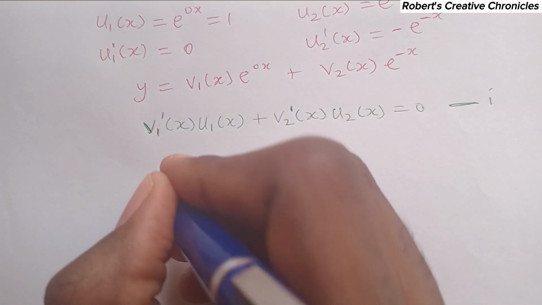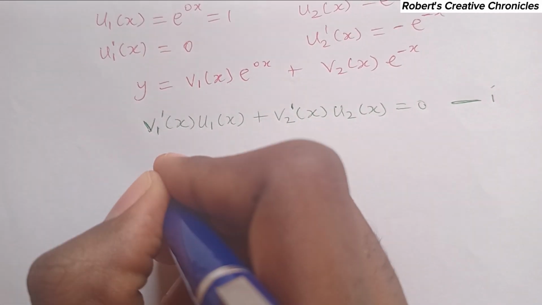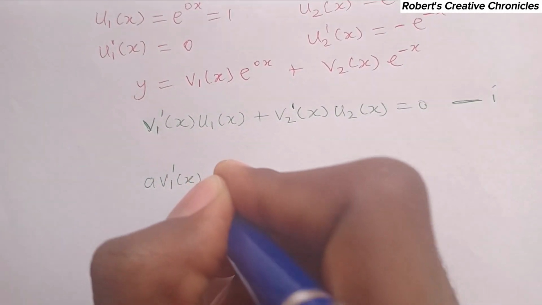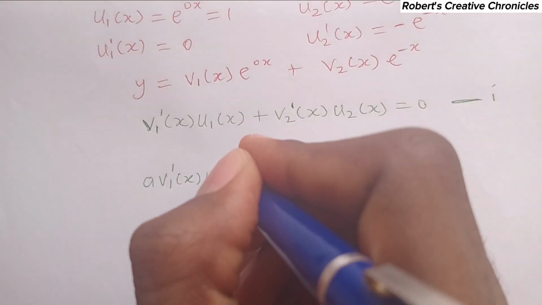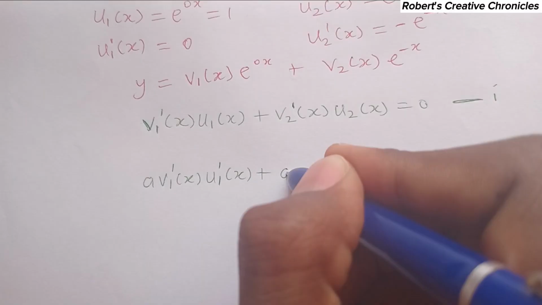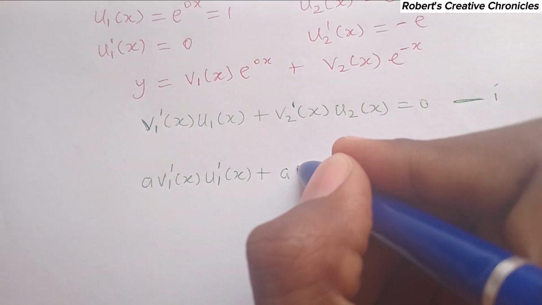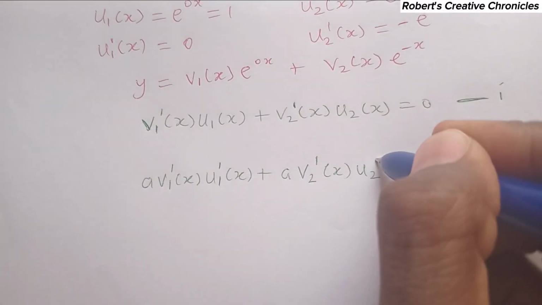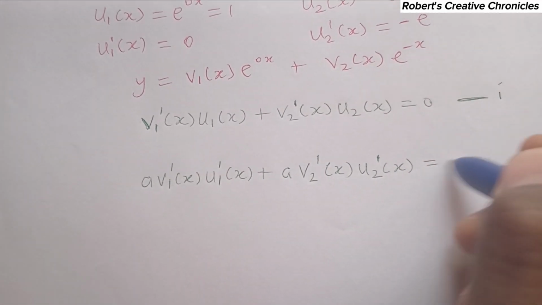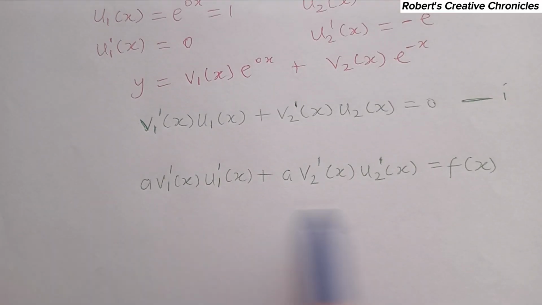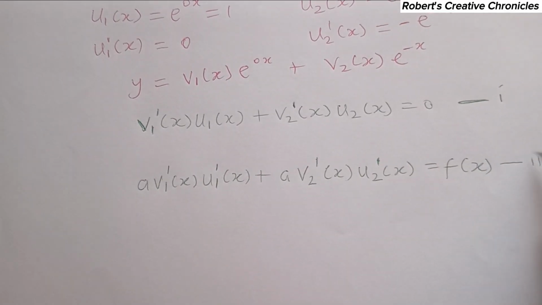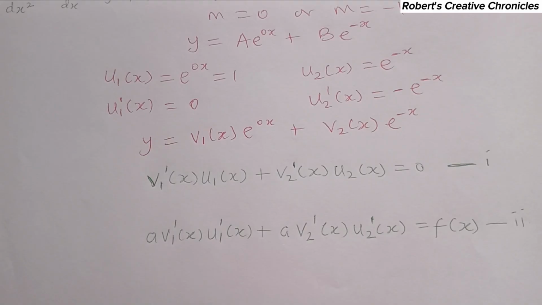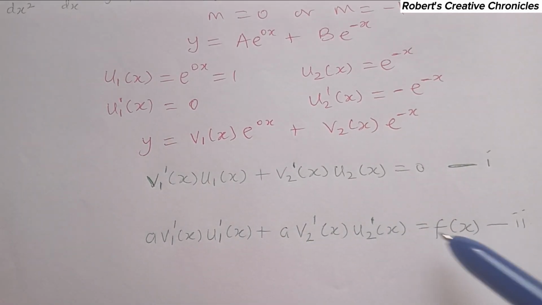Then the second one is a v1 prime(x) u1 prime(x) plus a again v2 prime(x) u2 prime(x) is equal to f of x. So this is the second equation we solve. So I'll call it II. So these are the two equations we use.